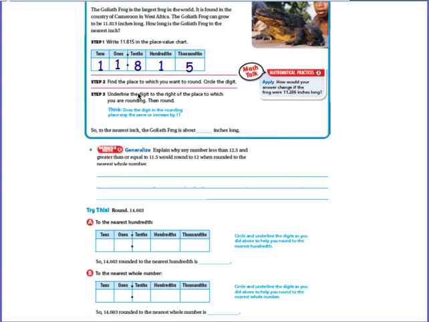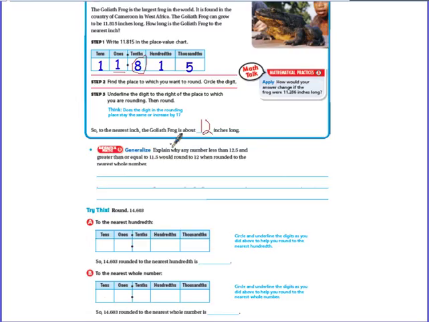Now we have to find the place that we want to go to, which is our ones place, because we want to go to the nearest whole inch. And circle the digit we're going to be looking at. Now we can round, and we see that it's an 8, that's more than 5, so it is 12 inches long.